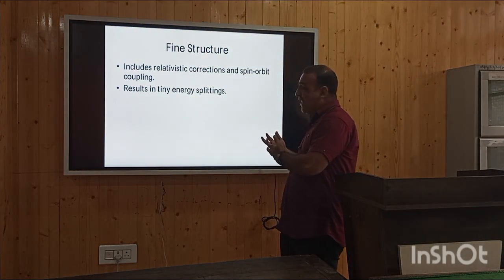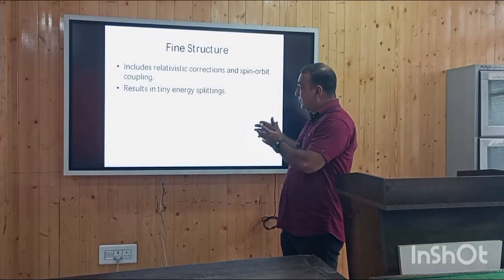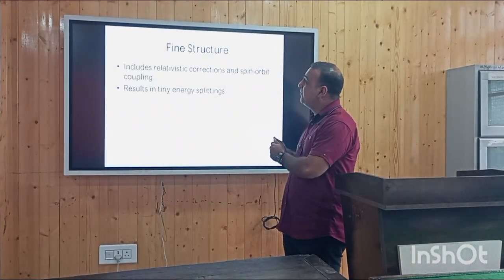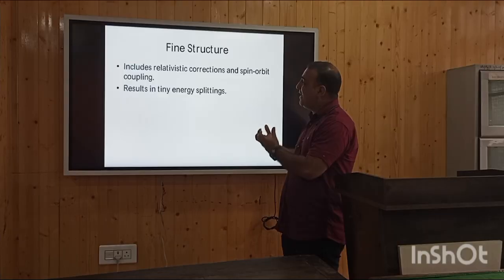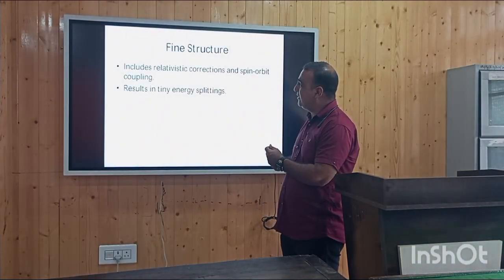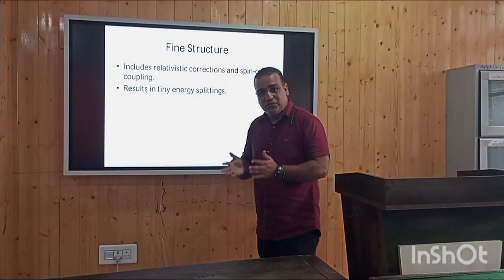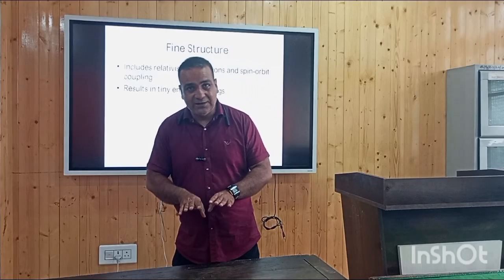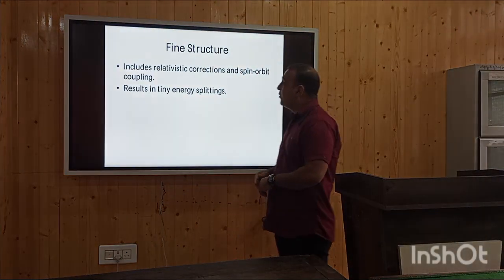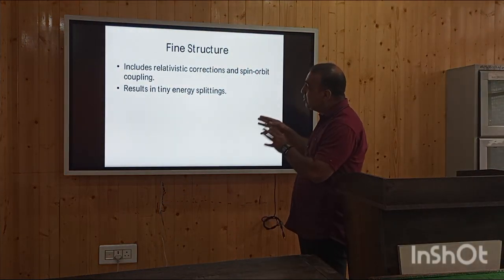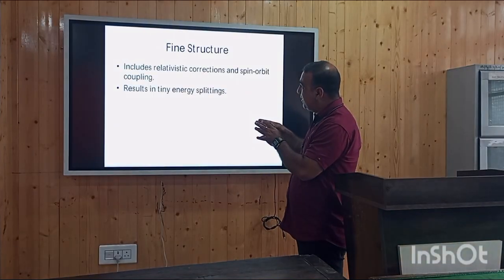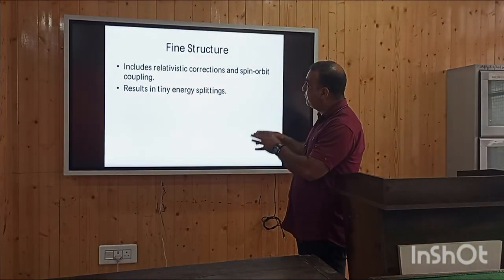So the hydrogen atom problem, which is pure in its nature, does not reflect its predictions when we check those spectral lines using microscopes. So here we include certain corrections to the problem of the hydrogen atom.